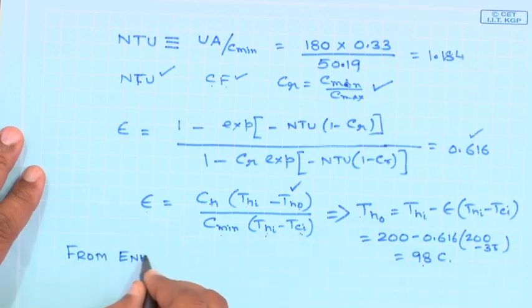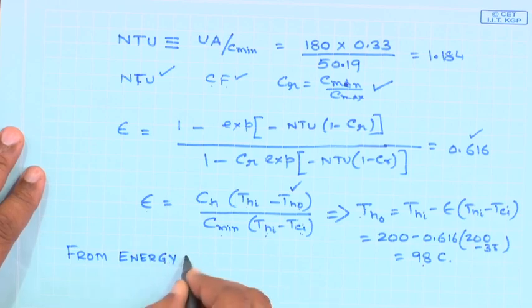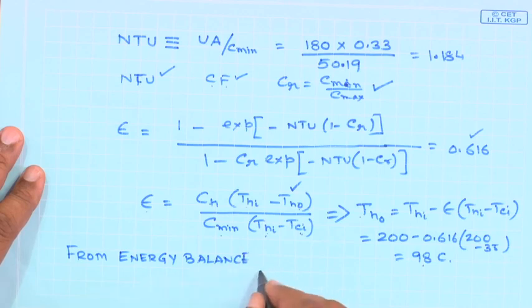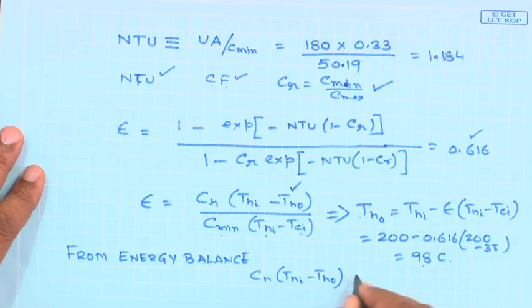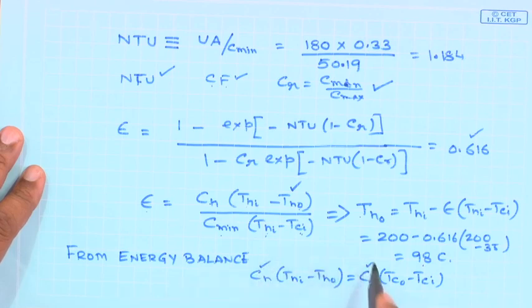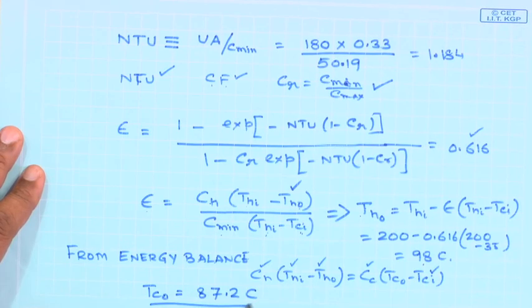So, from energy balance, you can write that Ch times Thi minus Tho is Cc times Tco minus Tci. So, Thi is known, Tho is known, Tci is known. So, the only remaining unknown quantity Tco can be evaluated as 87.2 degrees centigrade.